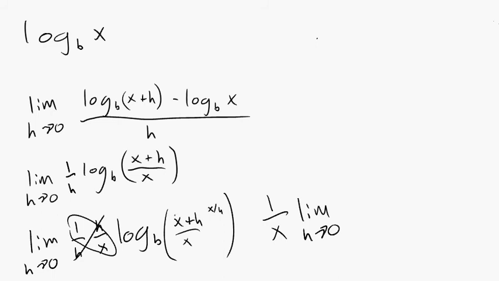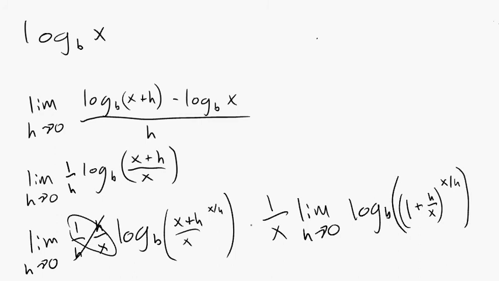Well, let's simplify this fraction. Let's just break it apart to x over x plus h over x. So limit as h approaches 0 of log of x over x, so log of 1, plus h over x. And then that is raised to the x over h power, and that's still inside the logarithm.